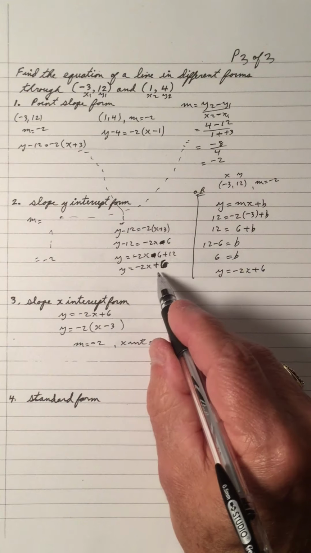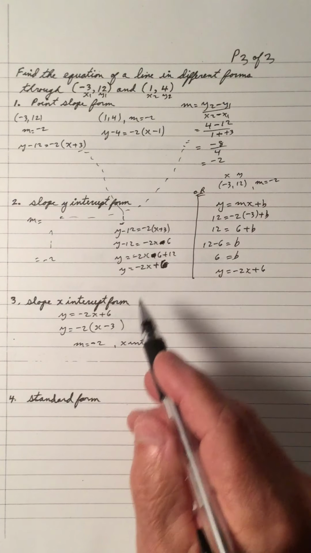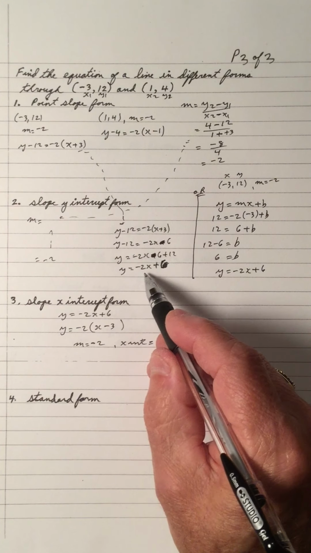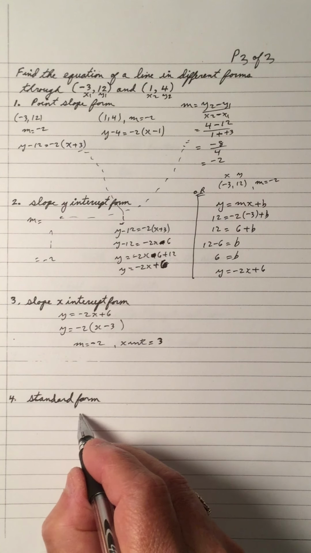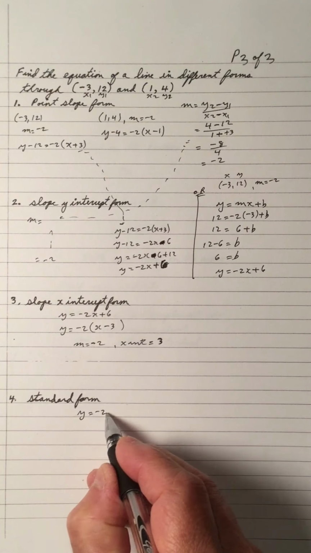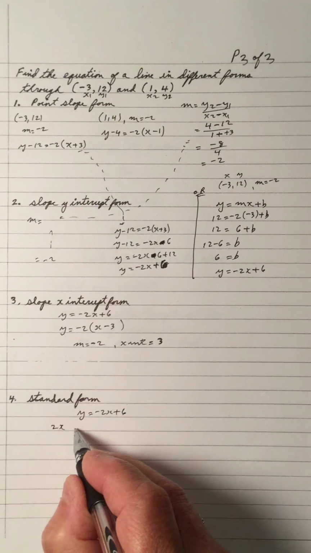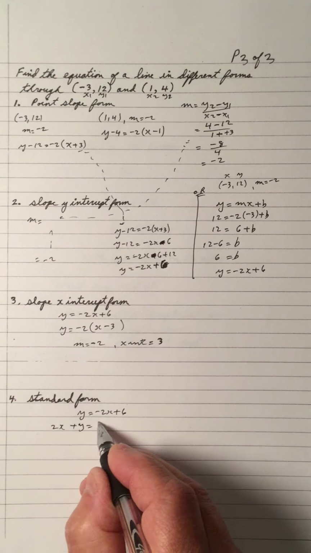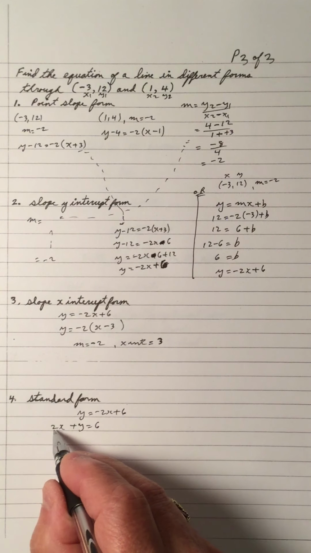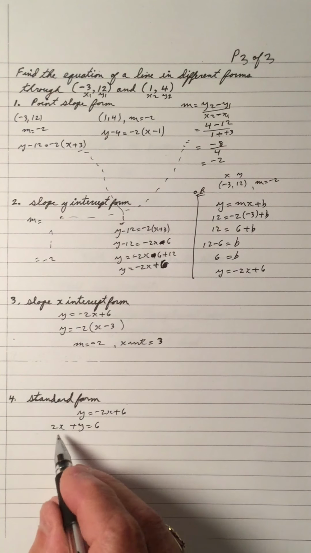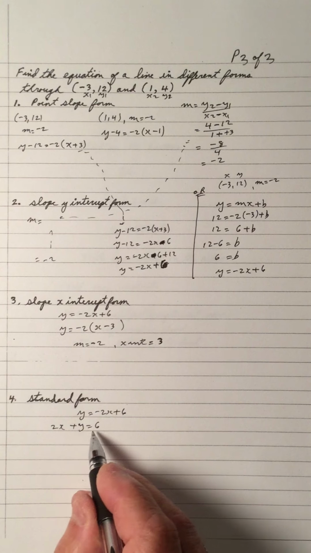And if you take this form and change it to standard, so y equals -2x plus 6, if you move the -2x over to become a plus, then you have standard form. Ax plus by equals c.